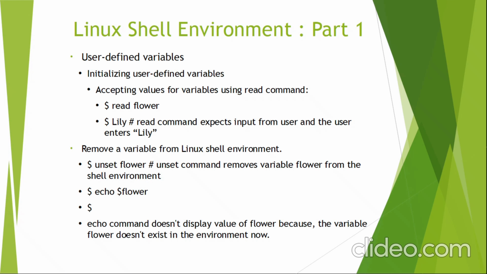Just like the read command understands that whatever argument is specified to it is the name of a variable, unset understands the same thing. Unset will check whether there is a variable called flower in the environment. If so, it will remove it from the environment. After that, if we try to display the variable, it would not display any value.